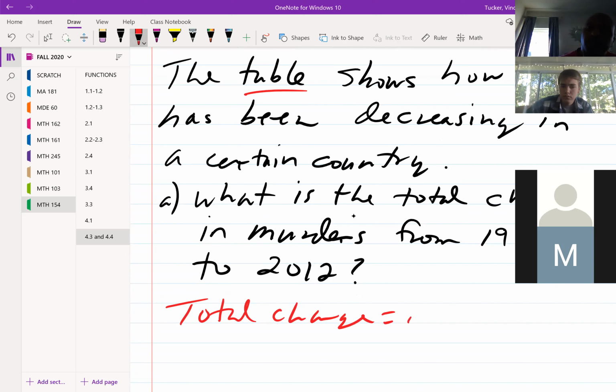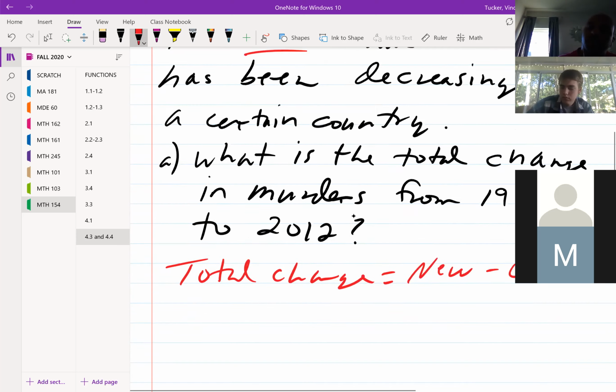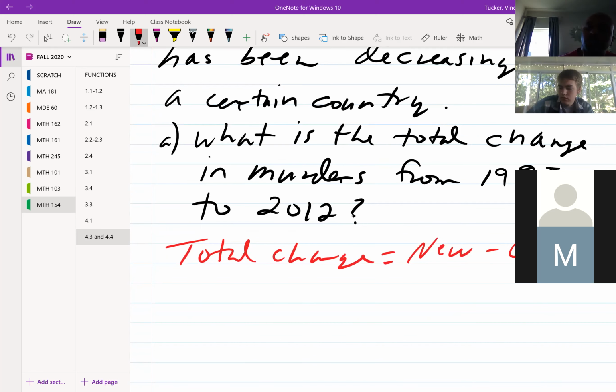So I guess you will look at the new one minus the old one. And so the new one would be 2012. The old one would be 1995. And they have 14,066, 20,079.